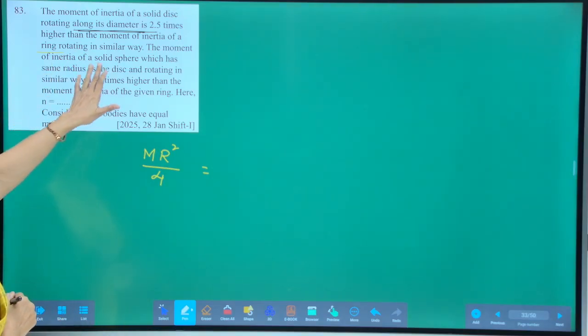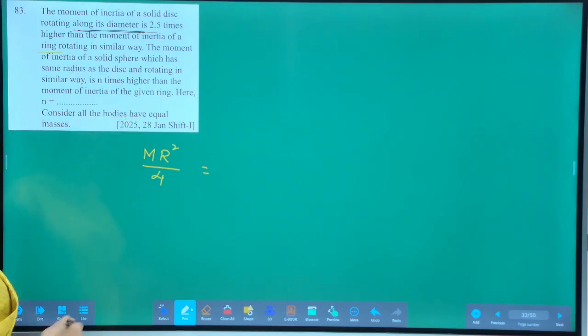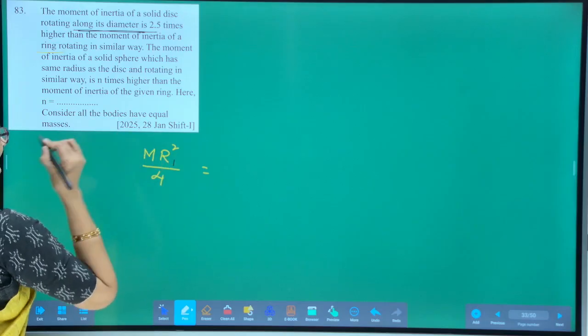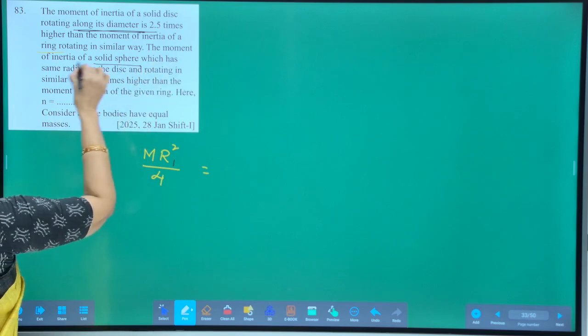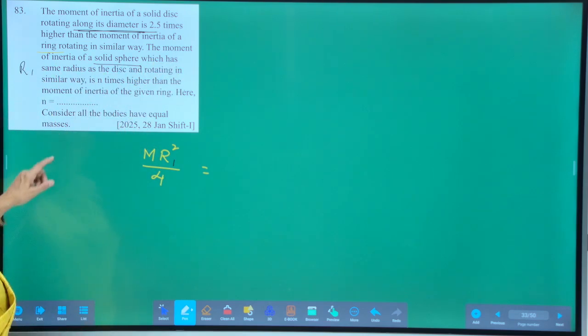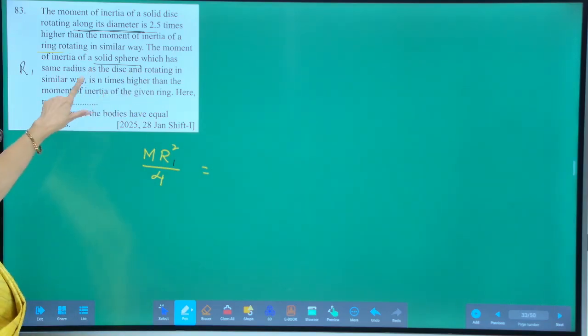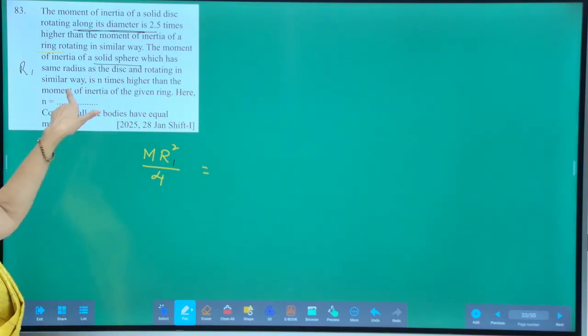And the moment of inertia of a solid sphere which has the same radius as the disc, let us take the radius of the disc as r1, so the solid sphere's radius will also be r1, rotating in a similar way, is n times the moment of inertia of the given ring.